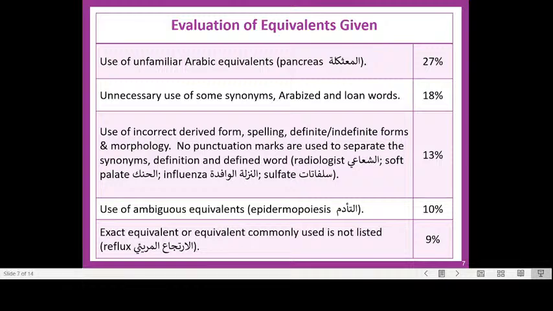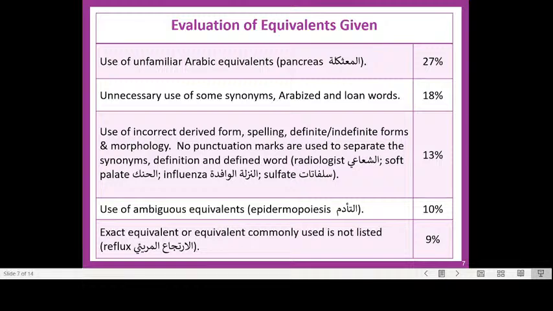In 13%, incorrect derived forms, spelling, definite and indefinite forms or morphology were used. No punctuation marks are used to separate the synonyms, definitions, or defined words. For example, radiologist, الشعاعي.